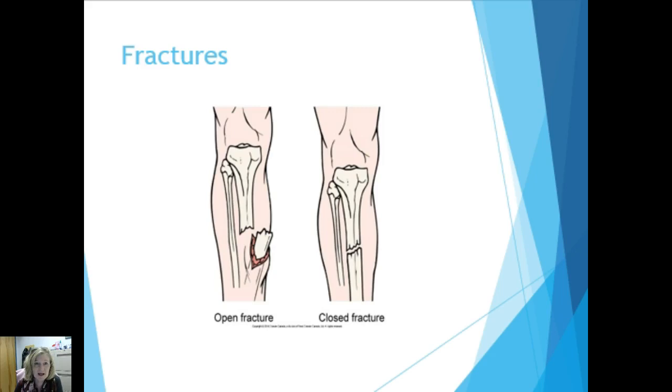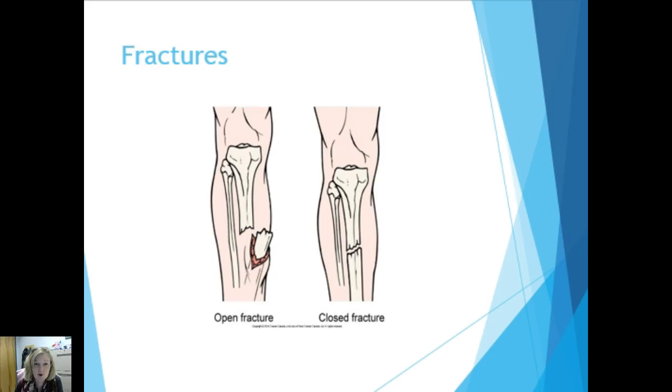So when we're looking at a patient with fractures, we need to look at overall goals. So our NOCs for that are going to include anatomical realignment of the bone fragments. And anytime that a bone is manipulated to get it back into alignment, it's called a reduction. There can be an open reduction or a closed reduction.